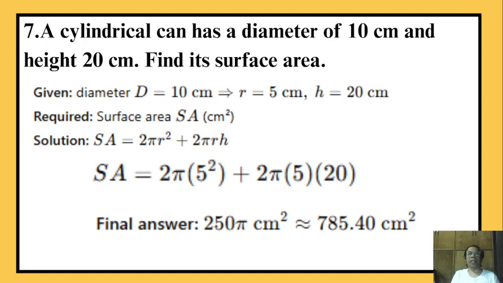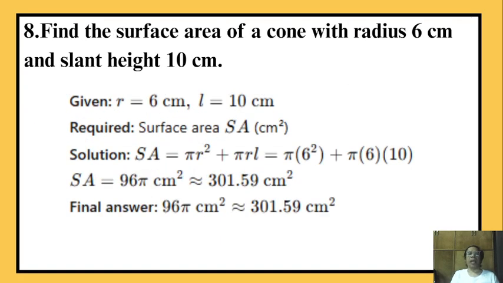That's given. So we are asked to find the SA in centimeters squared. Using the formula, SA is equal to 2 pi r squared plus 2 pi rh. The final answer is 250 pi centimeters squared, which is equivalent to 785.40 centimeters squared.